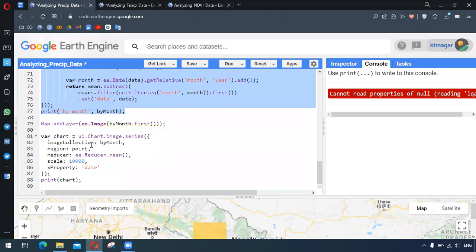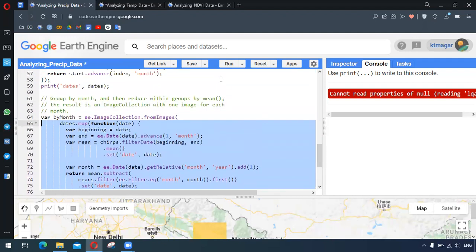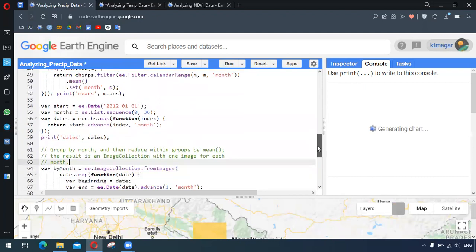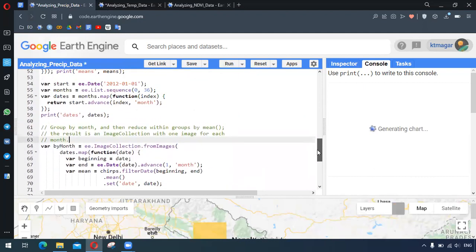And finally, we draw the chart of the monthly means. So if you run this, we are getting the chart here.